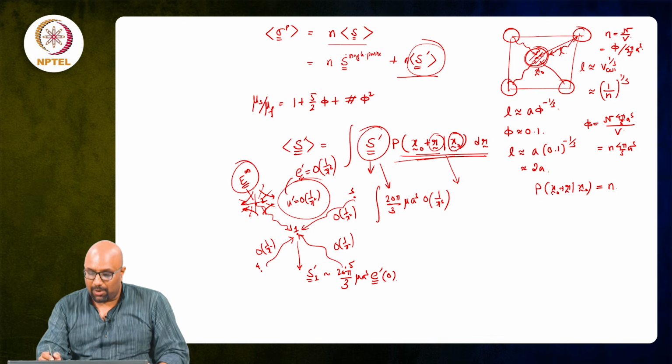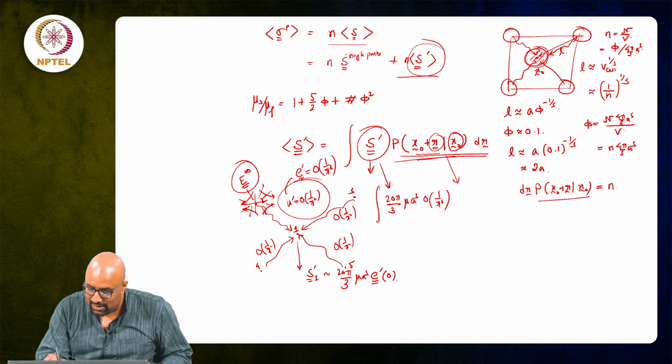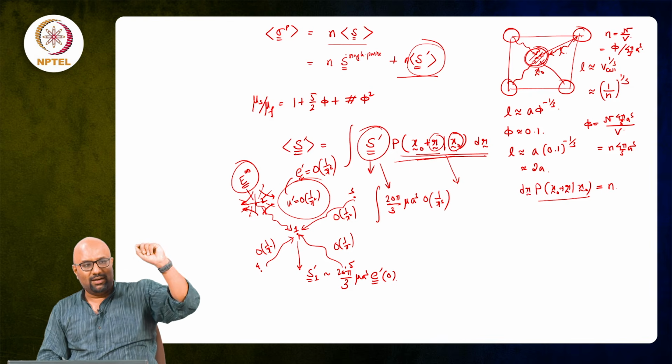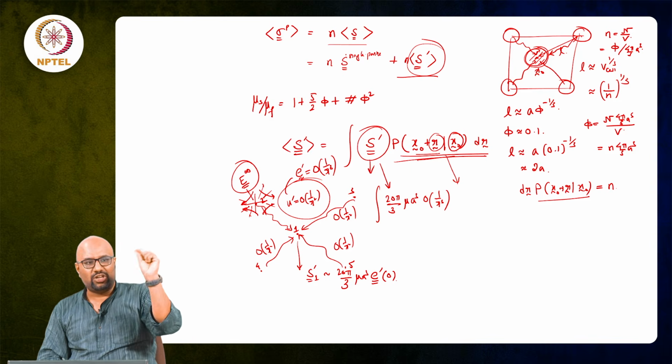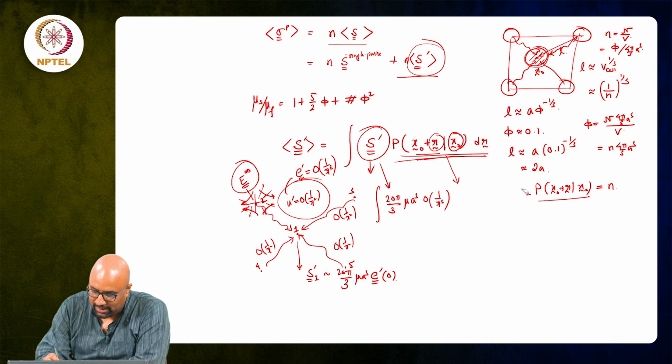This is not the probability, this is a probability density. This multiplied by a dr basically gives you the probability of finding a particular neighbor between the location r and r plus dr. So, in a shell of r and r plus dr, how many particles are you going to find? That is going to be given as p times dr, which is the number density. So, p is equal to the number density.